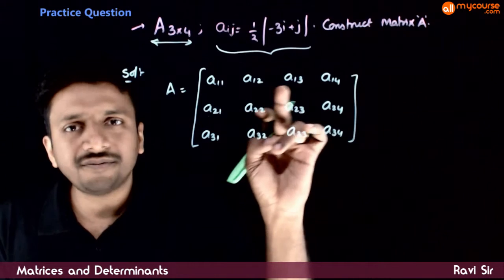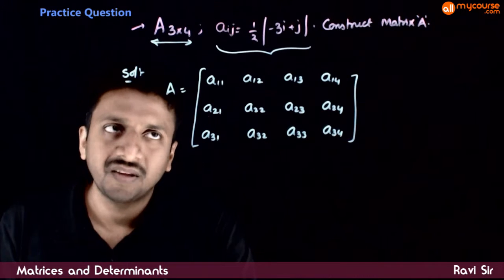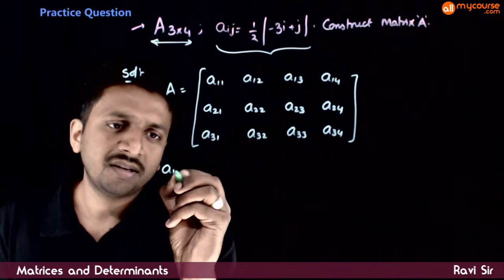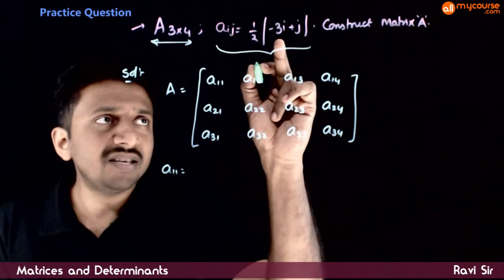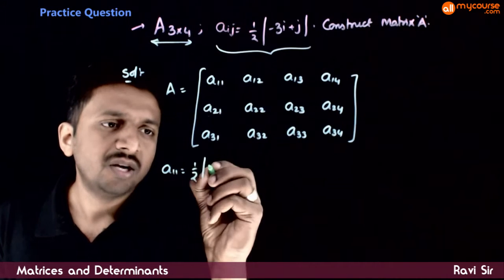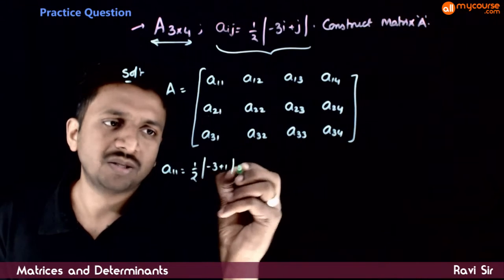So these are the 12 elements which you need to find out. So what is A11? A11 is nothing but you need to put i equal to 1 and j equal to 1. So half of modulus of minus 3 plus 1.